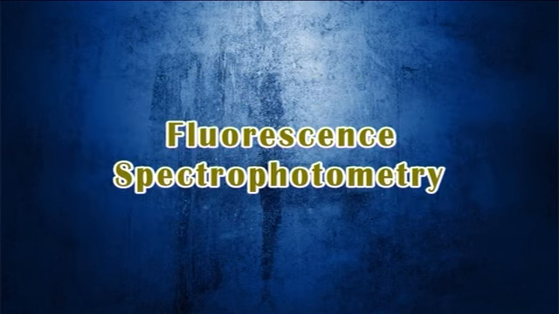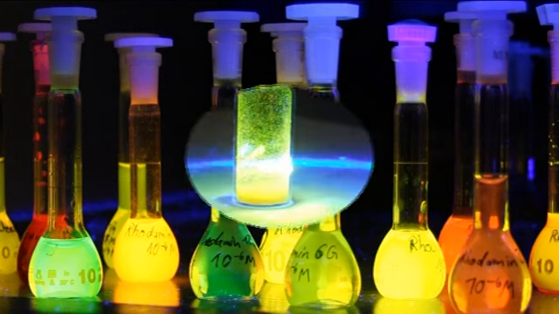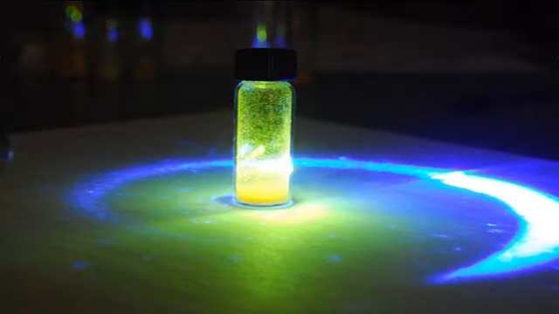Next, fluorescence spectrophotometry. Fluorescence spectrophotometry is the measurement of the fluorescence, that is, photoluminescence emitted by a substance while it is being exposed to ultraviolet, visible or other electromagnetic radiation.